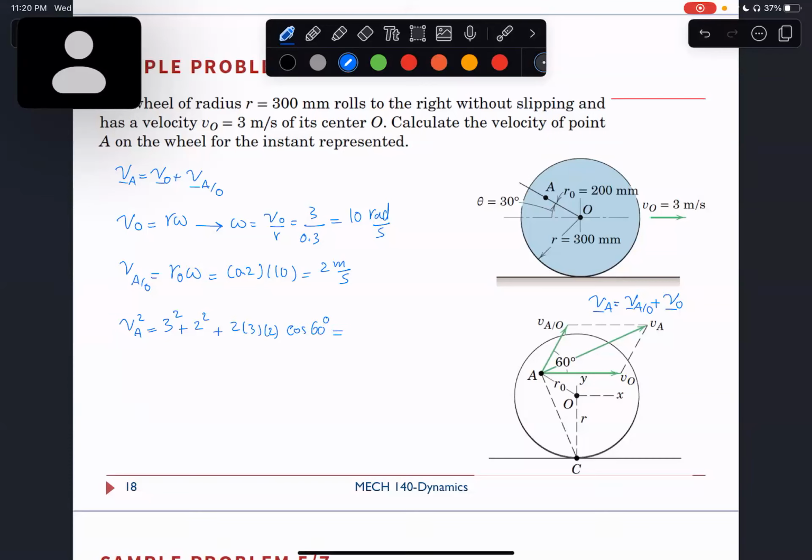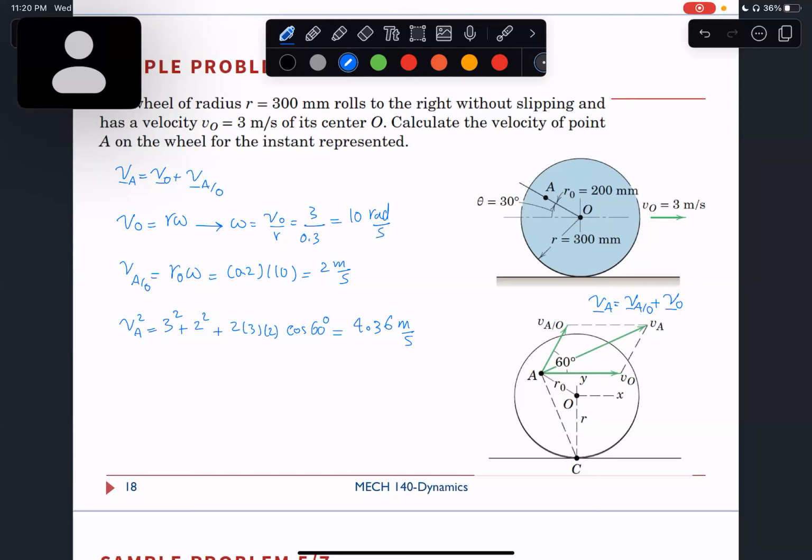So the length of VA is the square root of VO squared, which is 3 squared, plus the length of VA relative to O squared, which is 2 squared, plus 2 times 3 times 2 times the cosine of the angle between them. This gives me the length of VA, which is equal to 4.36 meters per second. Okay, so we are done.